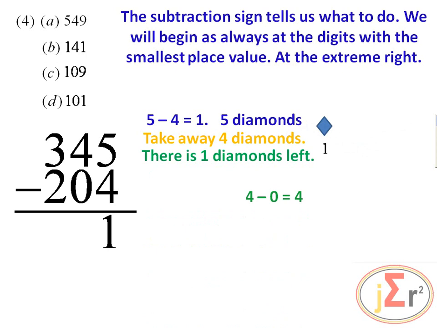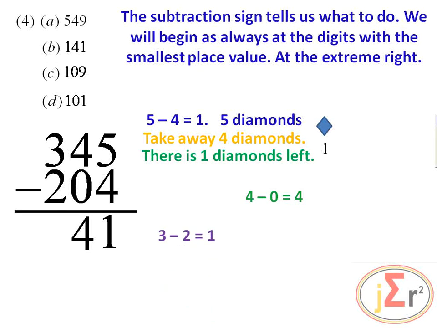And what do we do there? 4 minus 0. If we have something and we do not take anything away, the result is 4. We have 4 things and we do not take any away. If we have 3 things and we take away 2, how many will be left? 1.